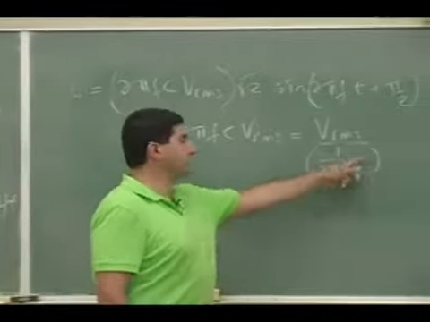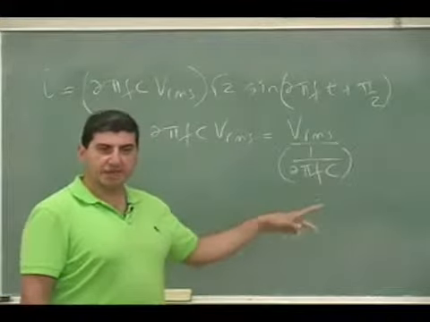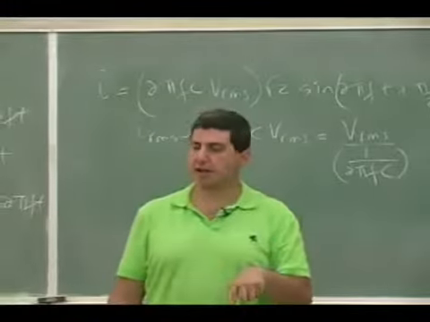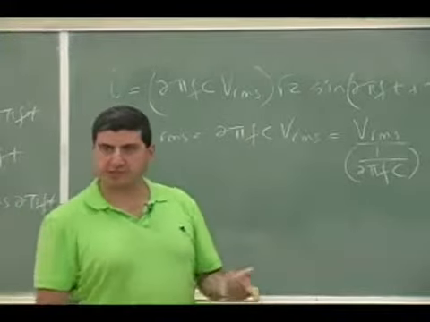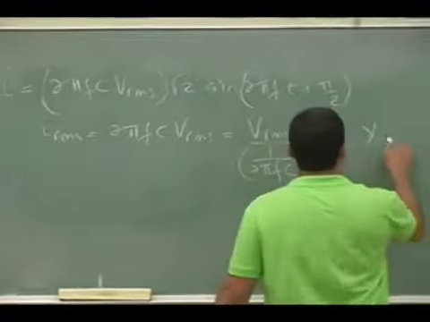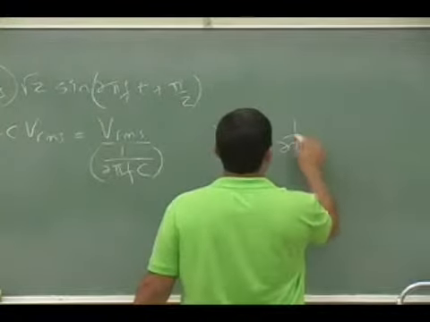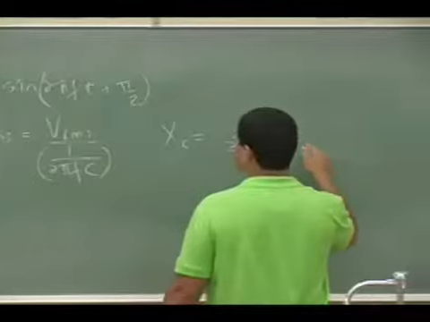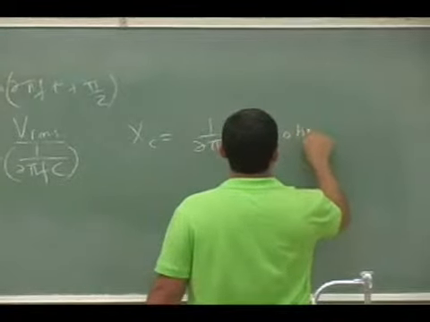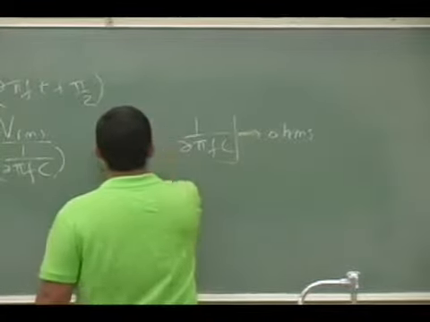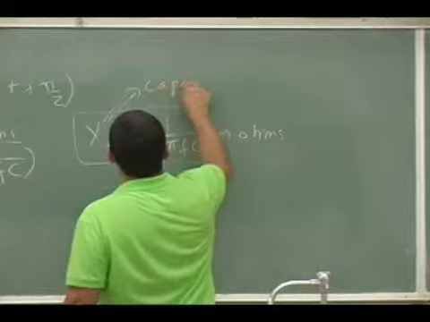So whatever this is must have units of ohms. And it must be how the capacitor resists the flow of electrons, right? So we're going to call it XC. It has units of ohms, and it's called capacitive reactance.